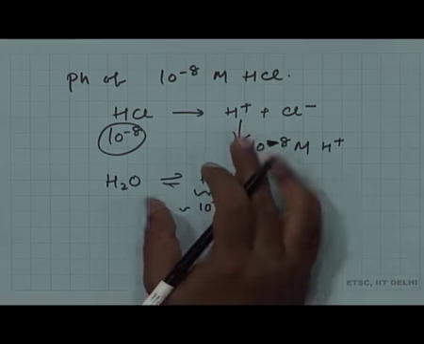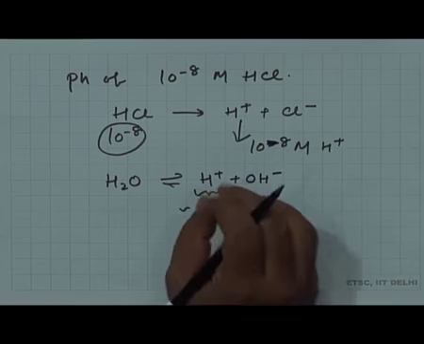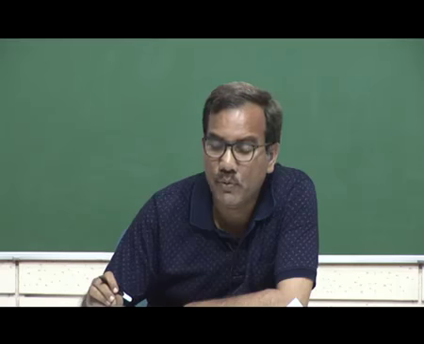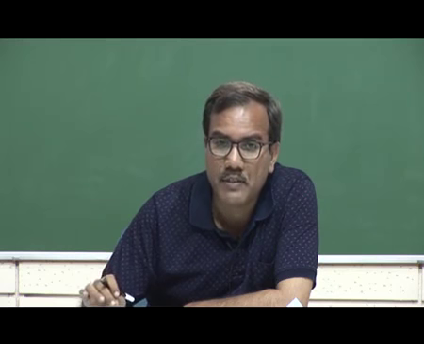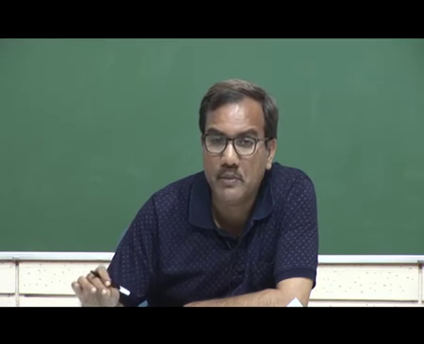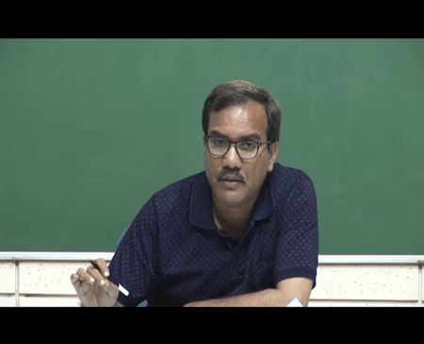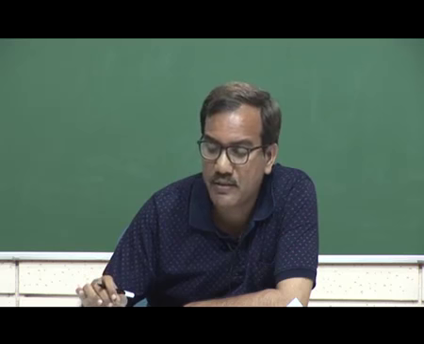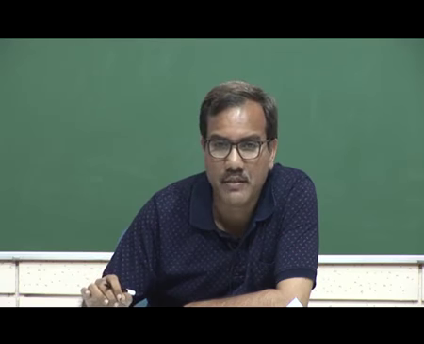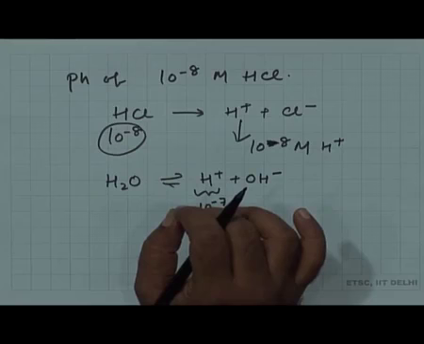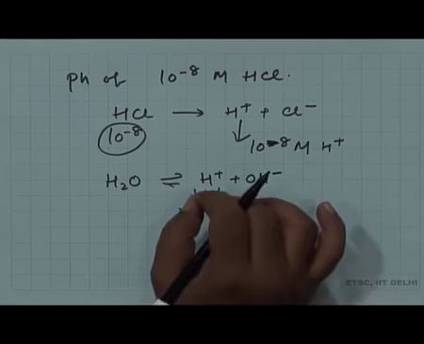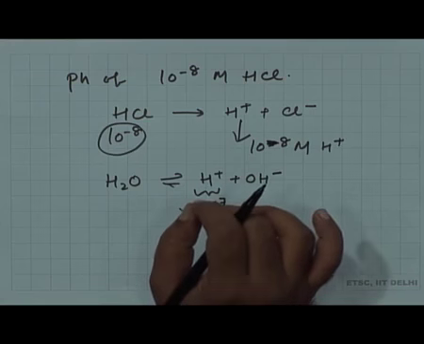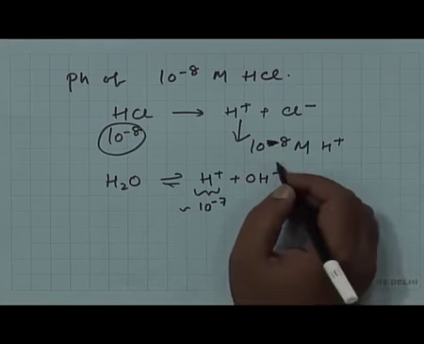So, in this case H2O will contribute to the pH, or the contribution of H+ from H2O will not be negligible. In this case, we must add H+ from HCl and H+ from H2O. We must add this to know the exact amount of H+ ion.